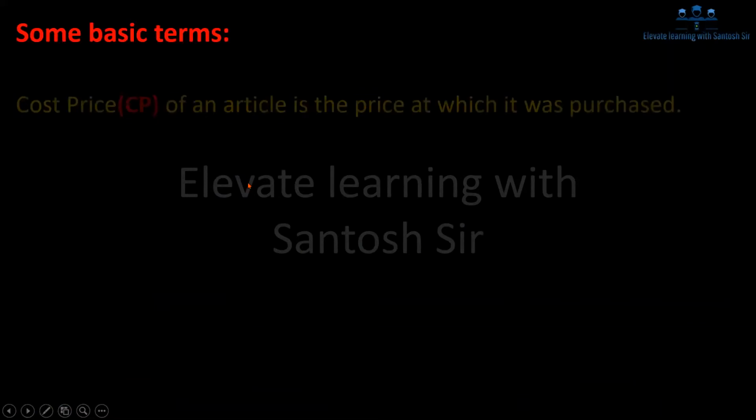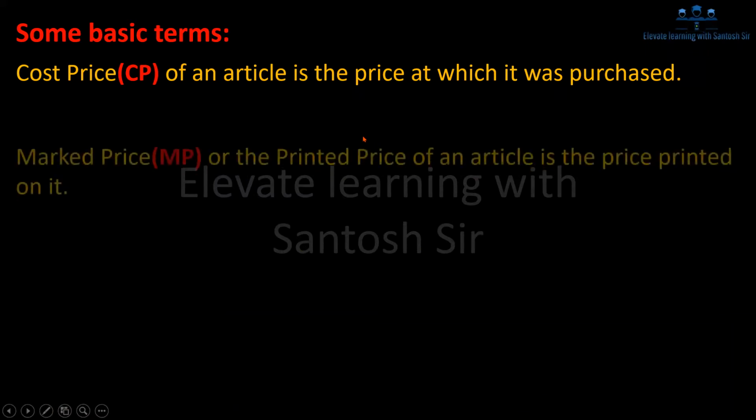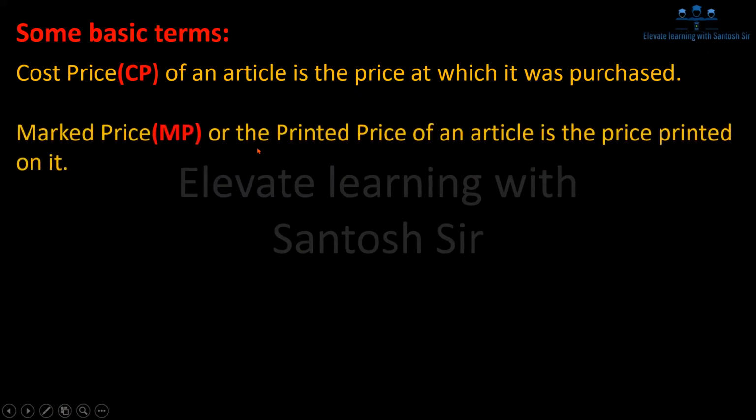Some basic terms. Cost price, CP, of an article is the price at which you purchase it. Marked price, or printed price, of an article is the price that is printed on it. Mostly when you go to malls or different types of shops, there is an MRP printed on it. Later on, they can give you some discount and then you can get it at a different price.